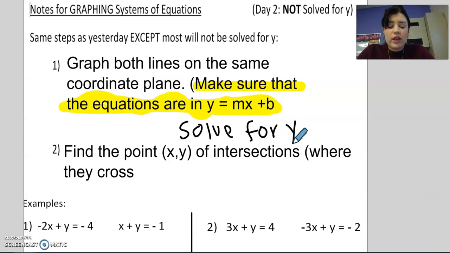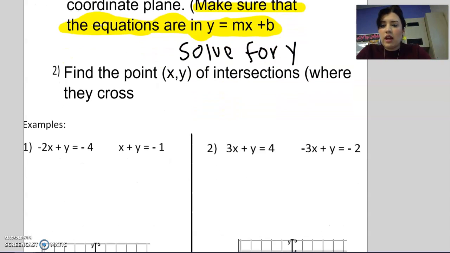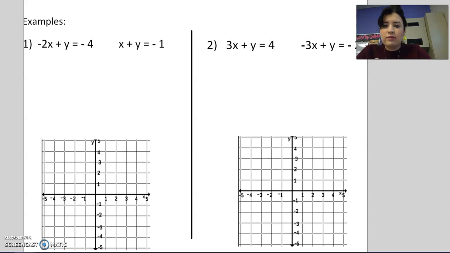Then we're going to find the point (x, y) of intersection, where they cross, after we graph. Our whole goal here is to get our equations into y equals.